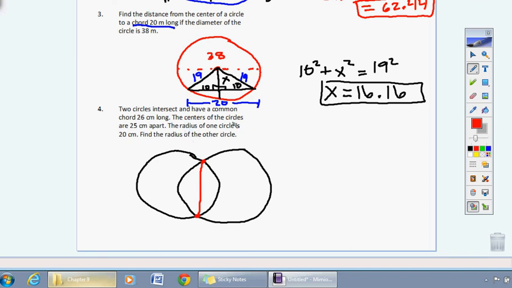I have two separate circles here, so let's say the center of this first circle, circle 1, is about right there, and the center of circle 2 is about right there. It says the centers of the circles are 25 centimeters apart. So I'm going to connect the two centers.